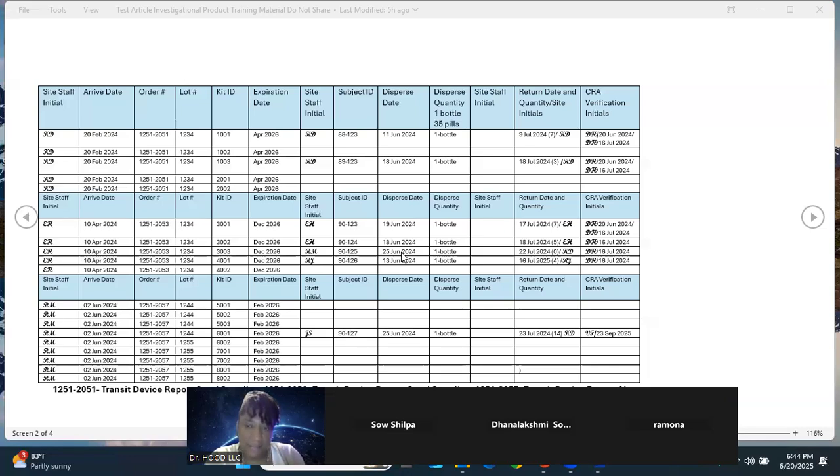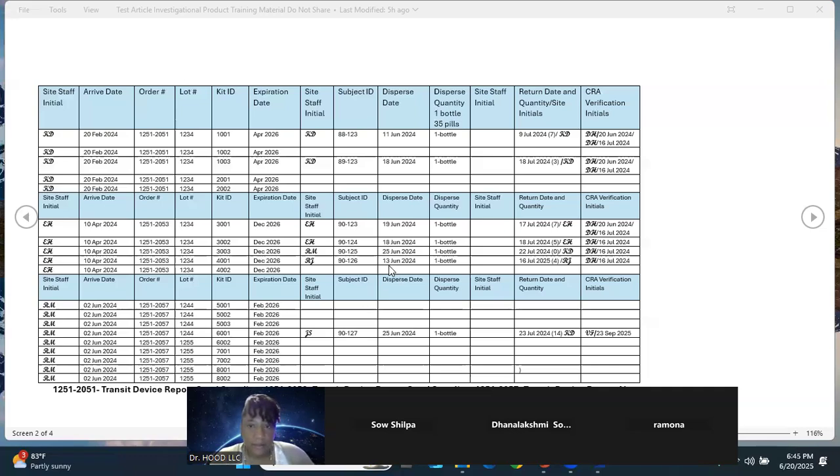It says plus days. Because they only took it for 27 days from that bottle, they also didn't follow compliance as it relates to administration. So they didn't follow administration compliance and they did not follow returning compliance. Okay, good job, guys.